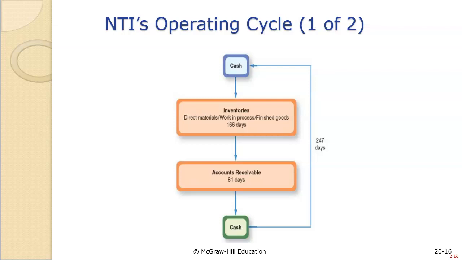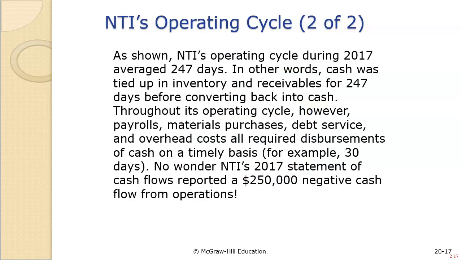I don't know how long it took for them to market and sell the product, and then also to receive their money. When they finally received the money, it had taken 247 days. Another way to put it is cash was tied up in inventory and receivables for 247 days before converting back into cash.